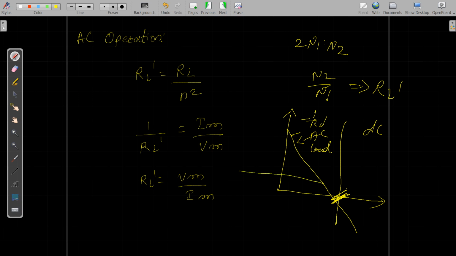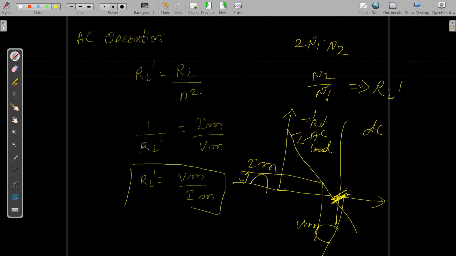If you extend these lines, here you are getting output for half, here also you are getting output for half. Therefore I can write 1 by RL dash is nothing but Im by Vm, because the slope of your AC load line can be represented in terms of your Vm. This is your Vm, this is your Im. So RL dash is nothing but Vm by Im, where Im is the peak value of collector current.